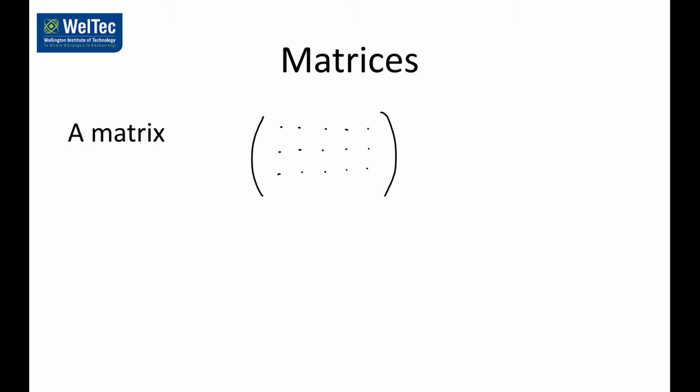We say that this particular one has order m by n, and it's m rows by n columns. In this one, there are 1, 2, 3 rows and 1, 2, 3, 4, 5 columns. So the order of that one is 3 by 5.